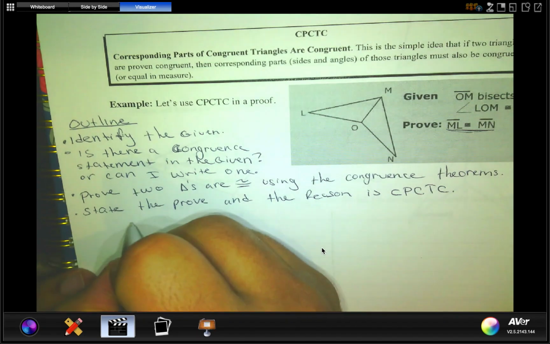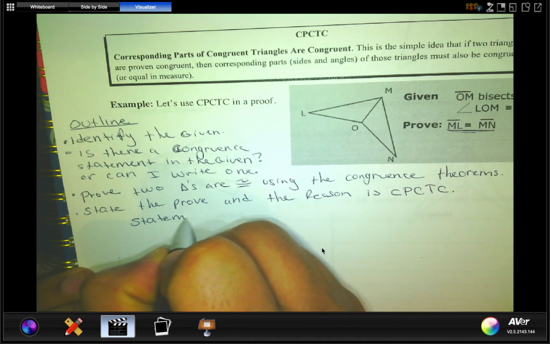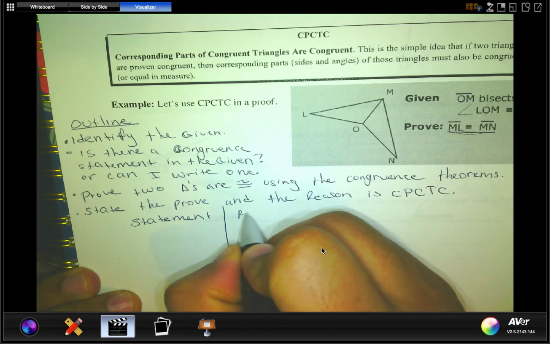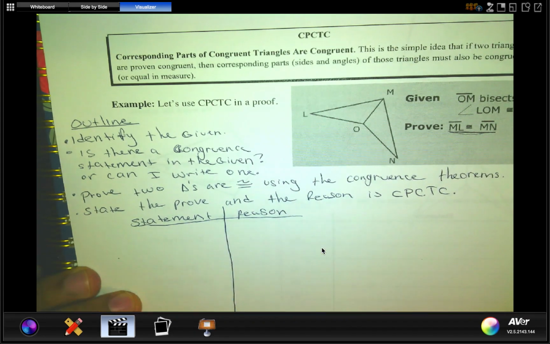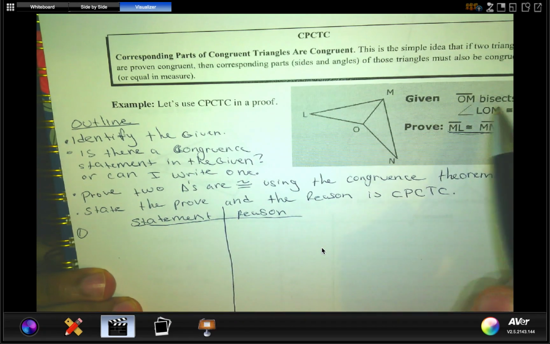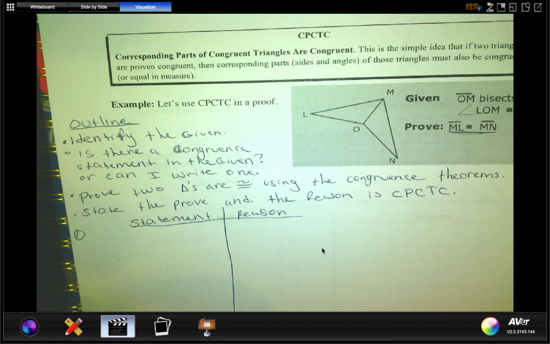Okay, so remember, our first thing to do is to just write your statement and reasons chart, and then we'll do our reasons. And we know our first one is pretty simple always. Our first one is just what the given is. So this entire thing here is given. And right now, I'm not even going to think about what that means.